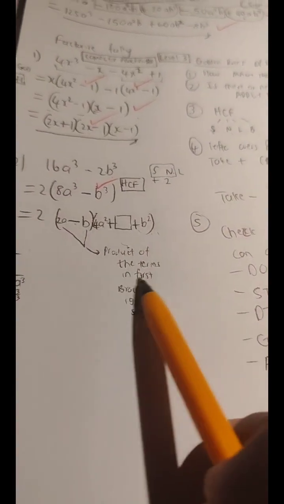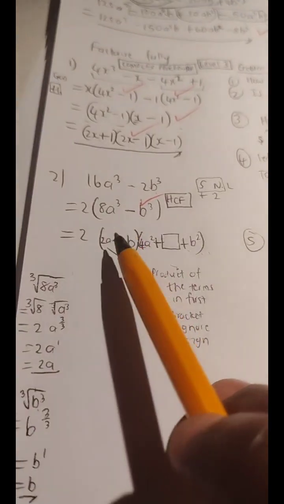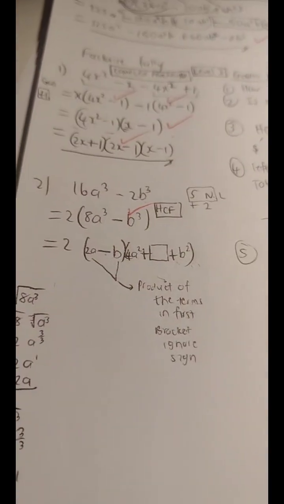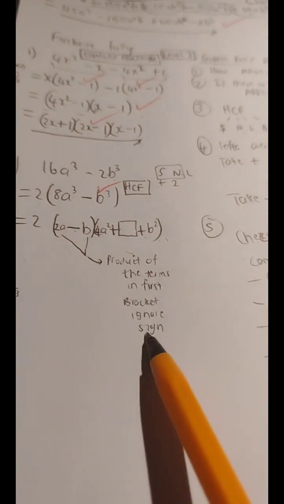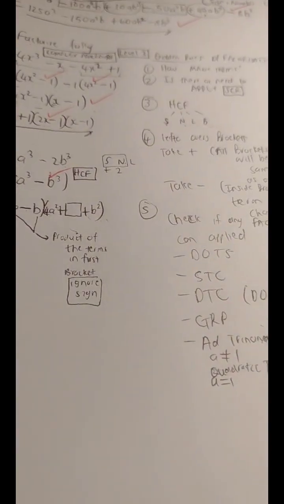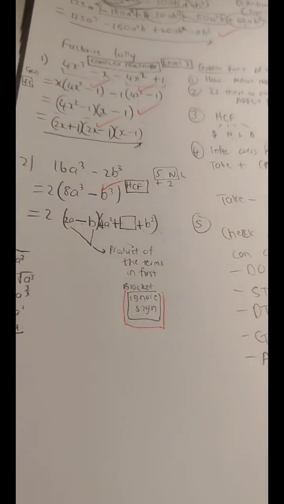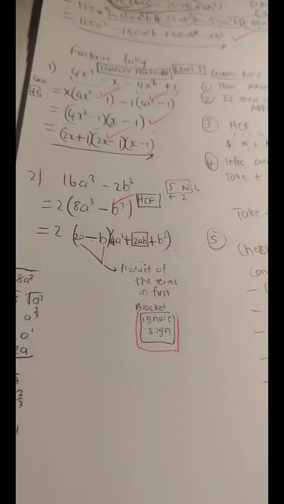It means the multiplication of these terms. What is 2a times b? That's all I'm asking. Forget or ignore the sign. What is 2a times b? Yeah, it is 2ab. And that's it.